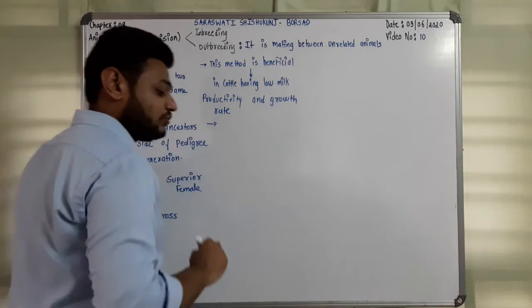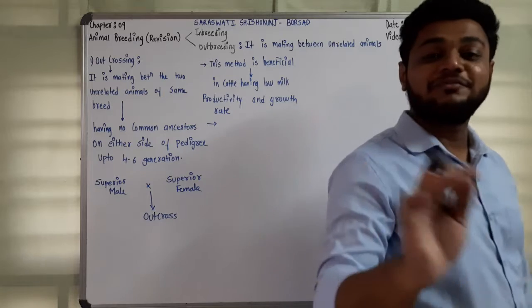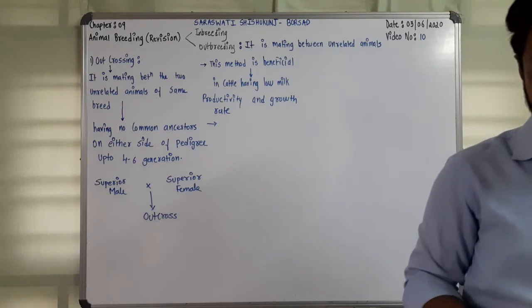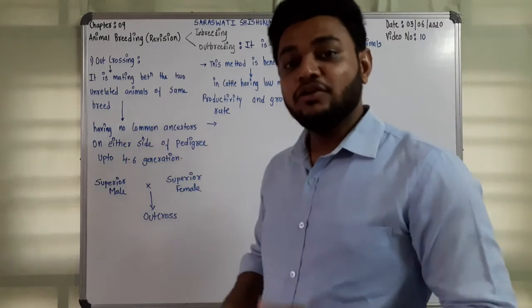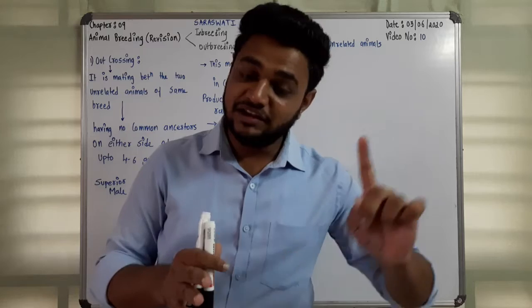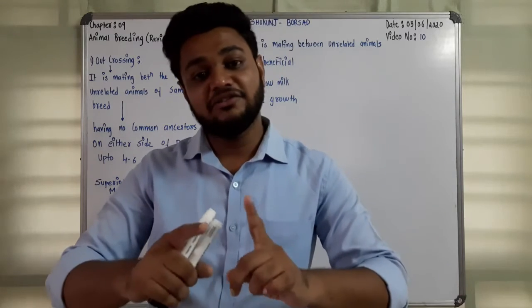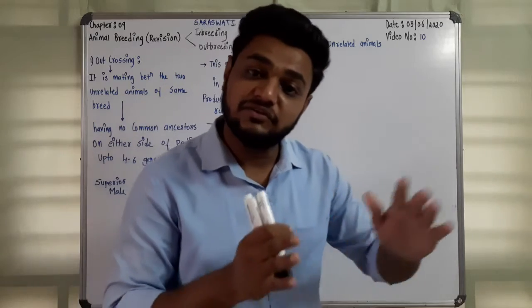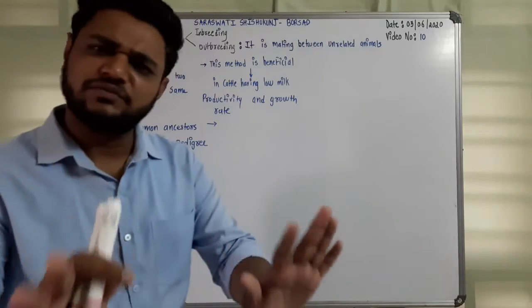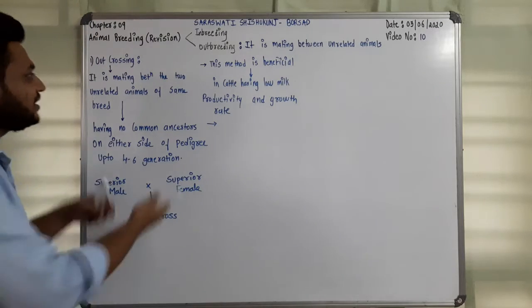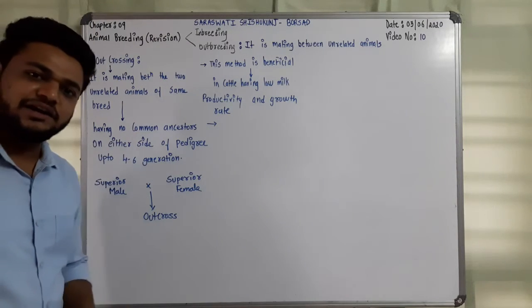Next, outcross can remove inbreeding depression. As I said in the inbreeding topic, inbreeding causes inbreeding depression, and to overcome it the animal is always mated with an unrelated animal of the same breed. This outcross is the same thing, between unrelated animals.